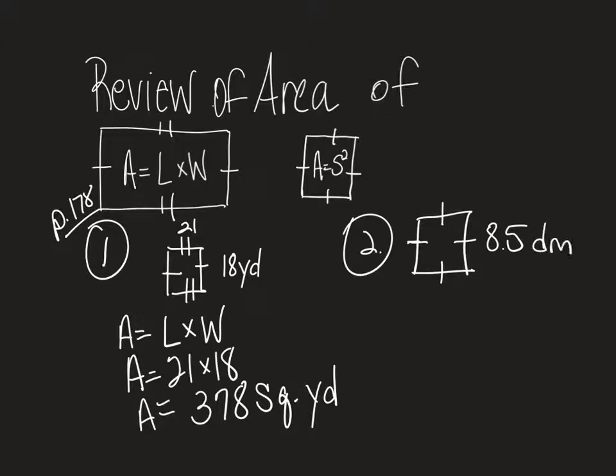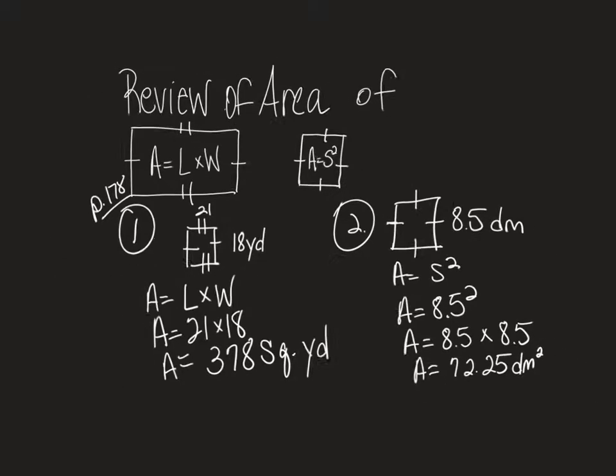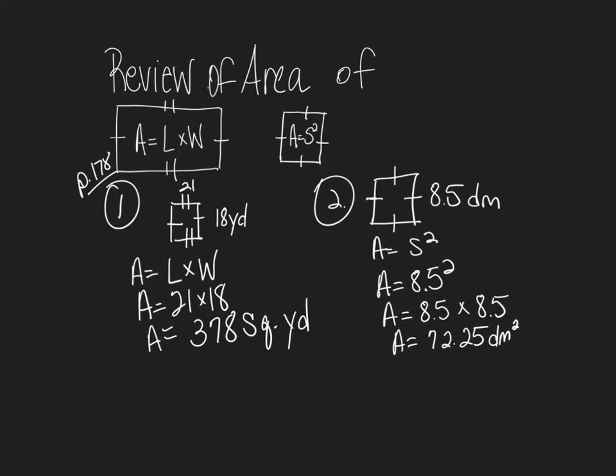Again, the formula for this is area equals s squared. Area equals 8.5 squared, which is the same thing as saying 8.5 times 8.5. So area here is 72.25 decimeters squared. Okay? So those are the answers to the first two on page 178.